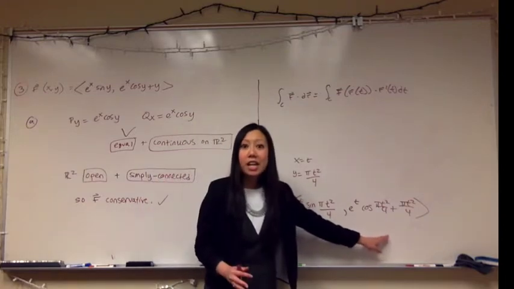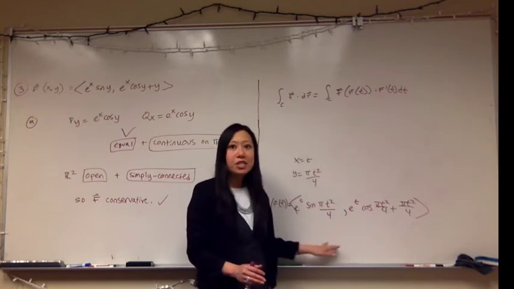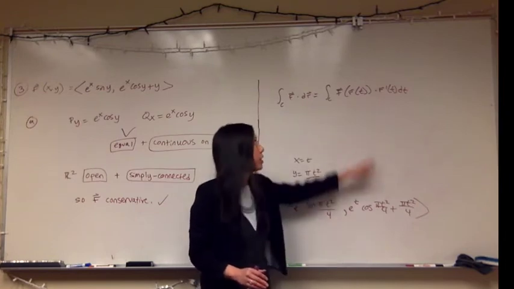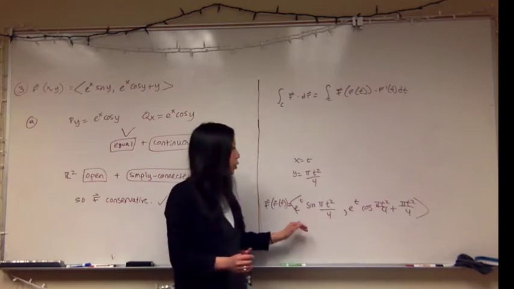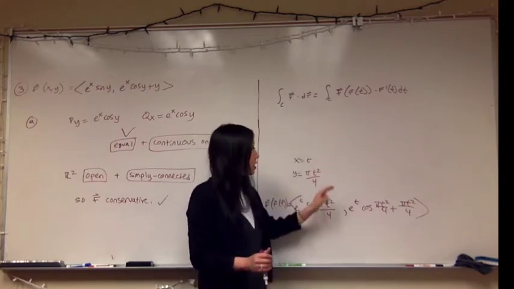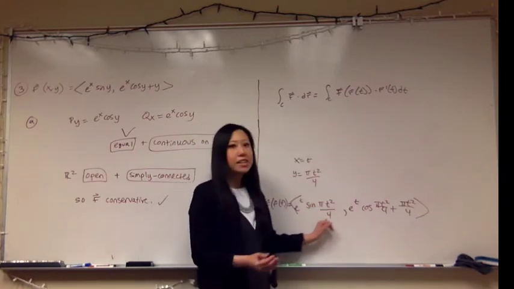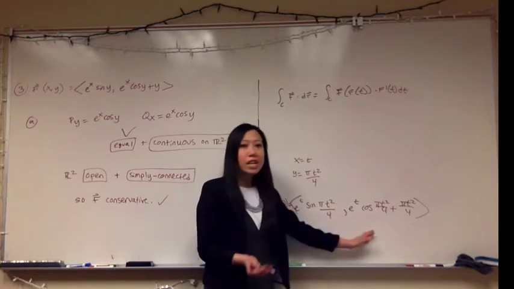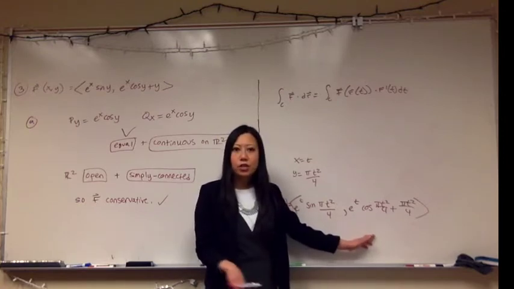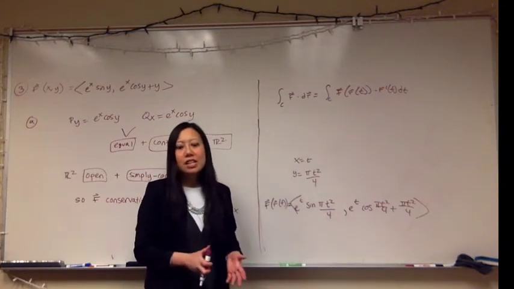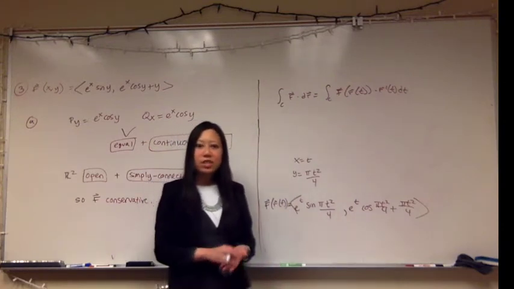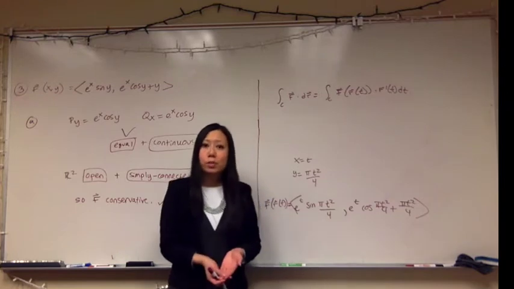And when I set up my line integral, I have to dot this vector with r prime of t. So you can see here that it's going to get very complicated, because I'm dotting this vector with another vector, and then I have to integrate that, and this already looks complicated enough to integrate. If you're dotting it with something else, it looks like it's going to get even worse. So that tells me, okay, maybe I don't want to use section 16.2. Maybe I don't want to parameterize.